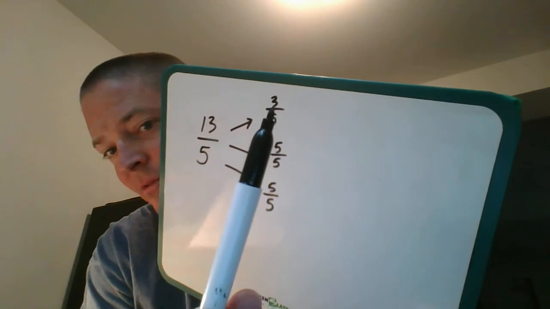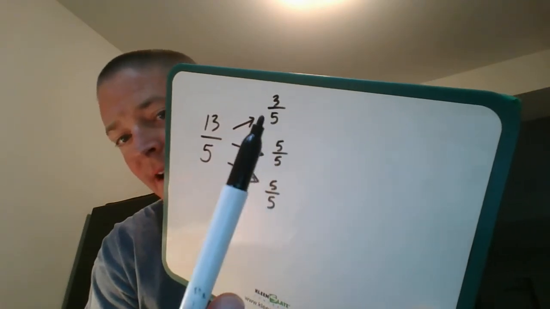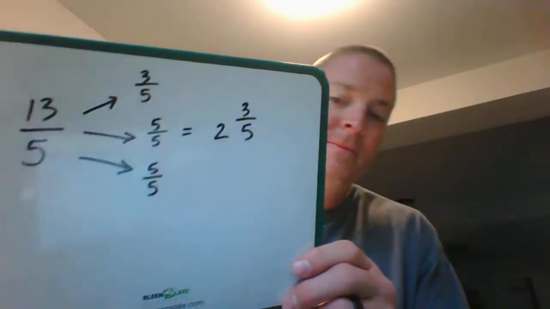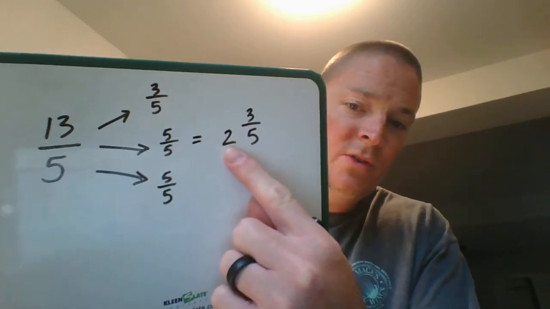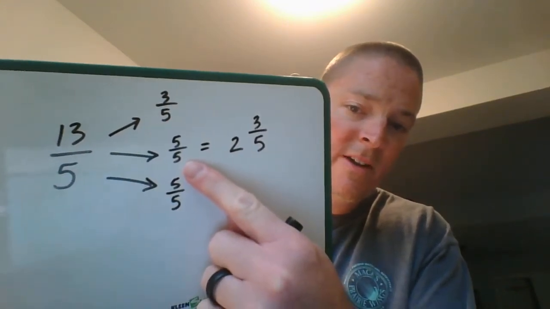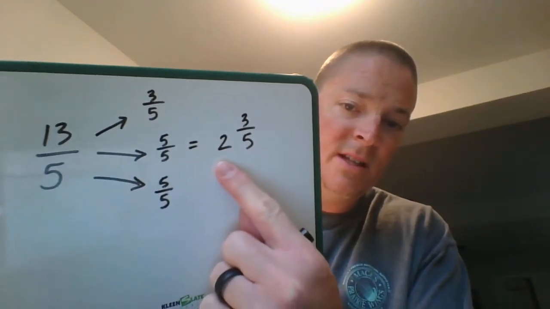And then this 3 I'm calling a remainder or a leftover because I didn't have quite enough to make a third whole. All right, so 13/5 would be equal to 2 and 3/5. I got that 2 from these two wholes, 5/5 and 5/5 makes that 2.